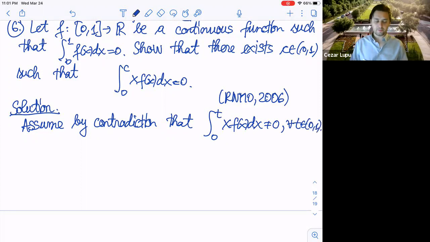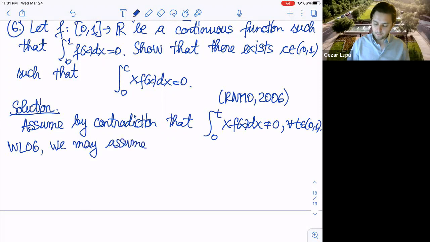So let's assume this. And without loss of generality, we may assume that the integral is actually positive, right?